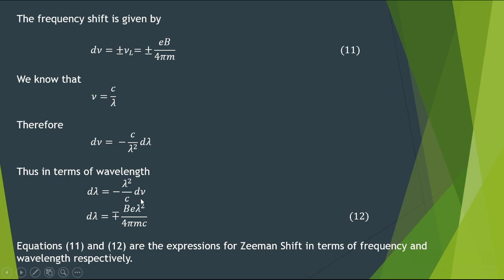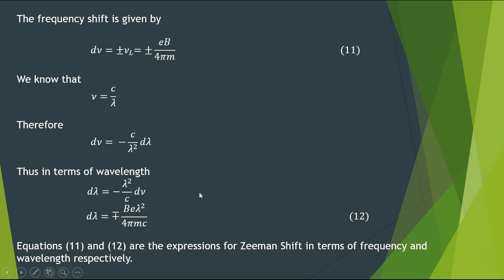Substituting for d nu from this expression, we have d lambda is equal to minus or plus eB lambda square divided by 4 pi mc. So these 2 equations, that is equation number 11 and equation number 12, represent the equations for Zeeman shift in terms of frequency and wavelength respectively.